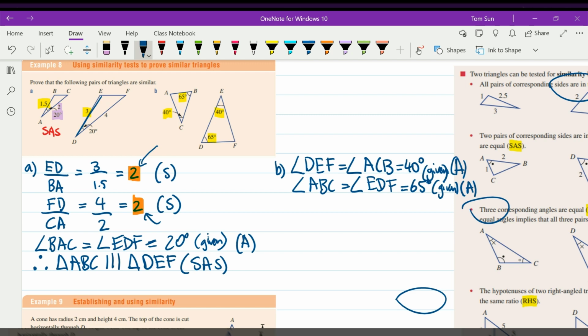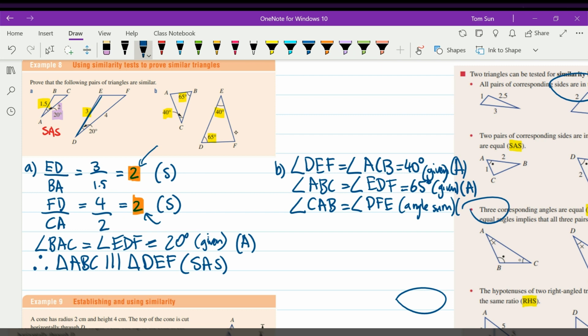But remember, angle sum of a triangle. So let's just write the third angle. Angle CAB, which is the angle we don't actually know yet, is equal to angle DFE. We can work out what this angle is, or we can just say angle sum, because we're implying that this angle has to be equal because the angle sum of a triangle is consistent.